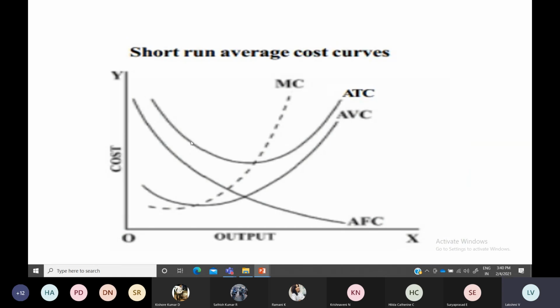So average total cost is also a U-shaped curve. It declines, and after reaching a minimum point, it starts to increase.